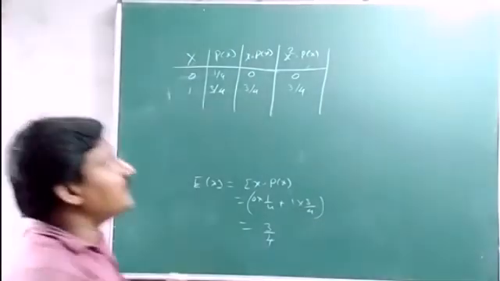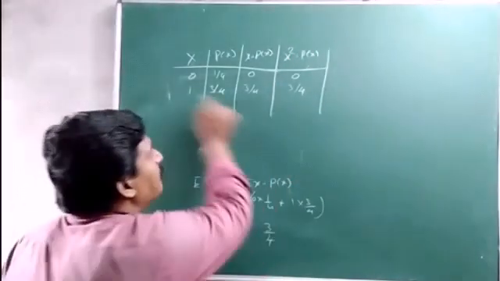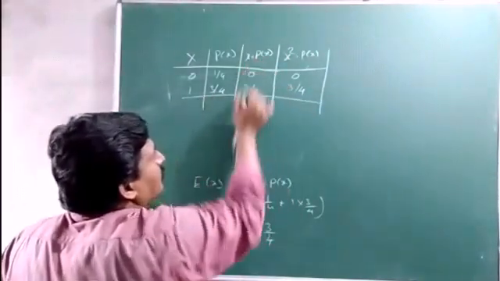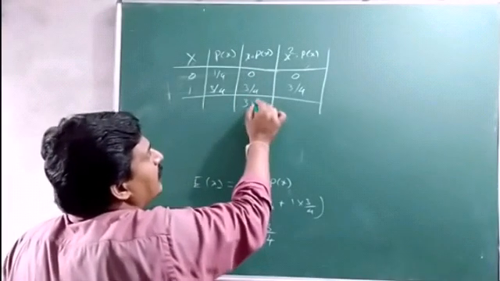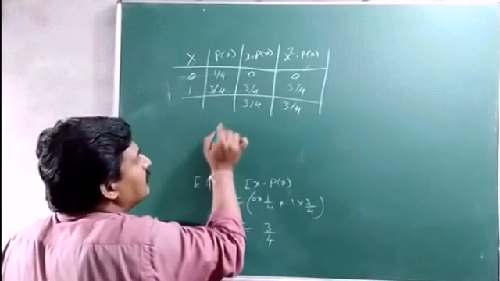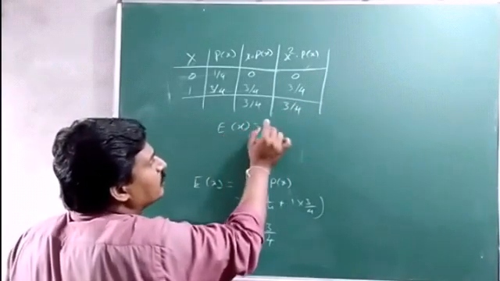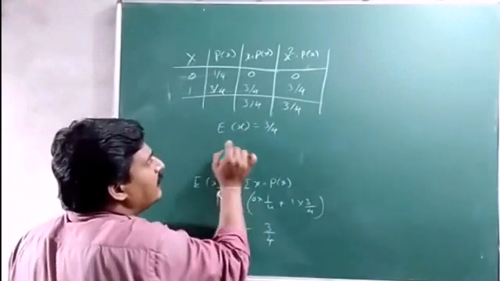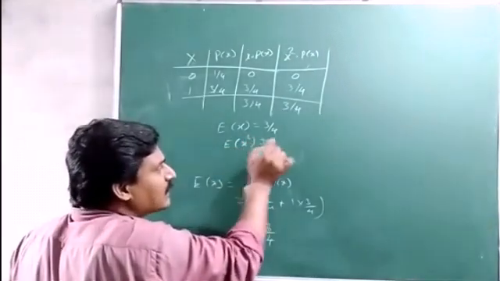So in this problem, expectation of x is 3 by 4 and expectation of x square is also 3 by 4.